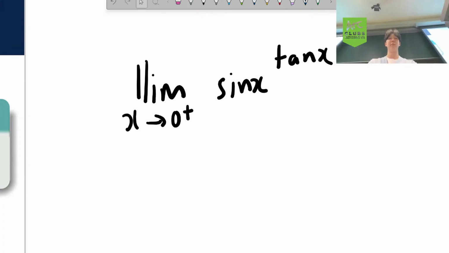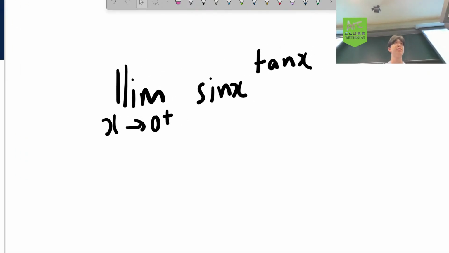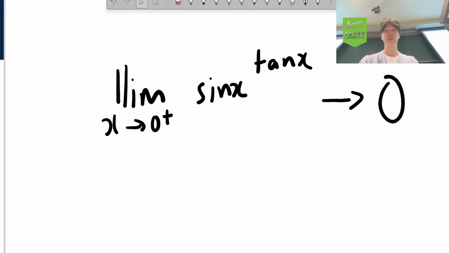So if I just try and sub in 0, we get sine 0, which is 0, and tan 0, which is 0. So it becomes in the form 0 to the 0, which is indeterminate.